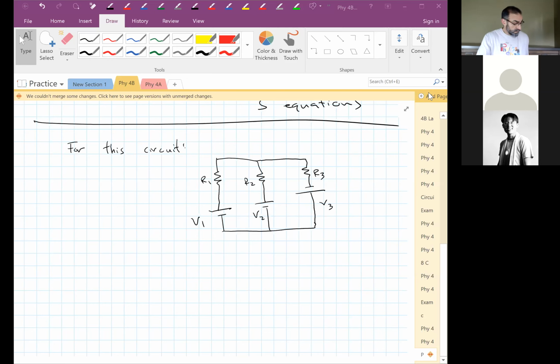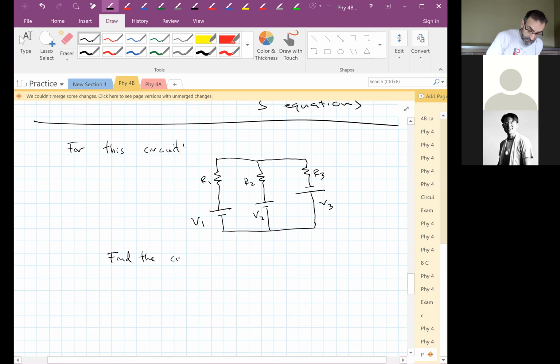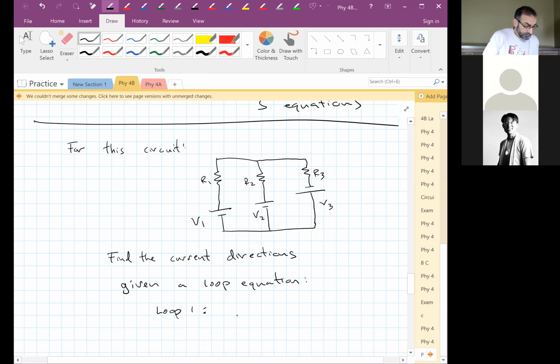So for this circuit, given that equation, can you go back and figure out what directions I chose as my currents in these branches?